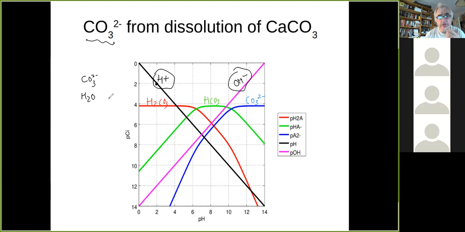So this is one way to express that we have a solution with water molecules and carbonate ions. Can we remove any hydrogen ions from that? What I'm going to do now is called the protolysis condition, proton condition. We can't remove them from carbonate, but we can from water, and that would produce a hydroxide ion.